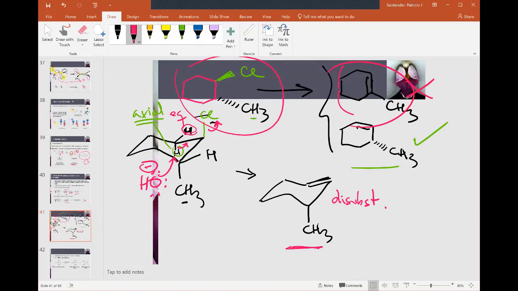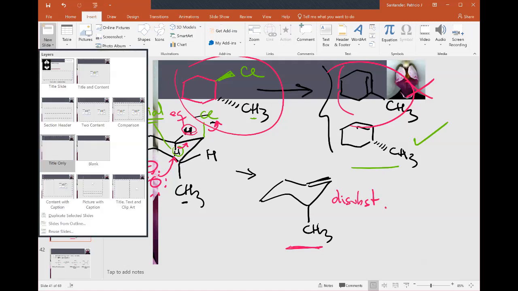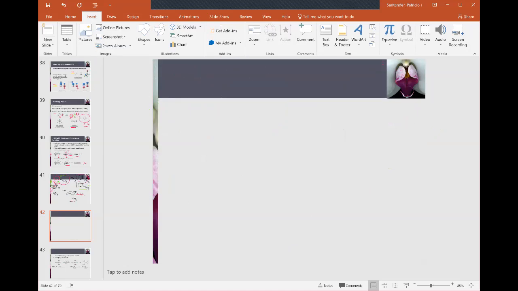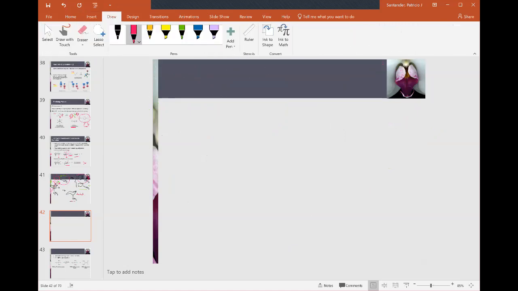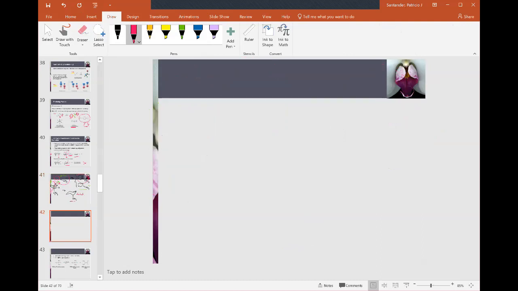So let's try now another example. Let me insert another slide here, a blank slide there. Okay, so now let's consider the other possibility. Instead of having the chlorine and the methyl group trans to each other, how about if they were cis to each other?